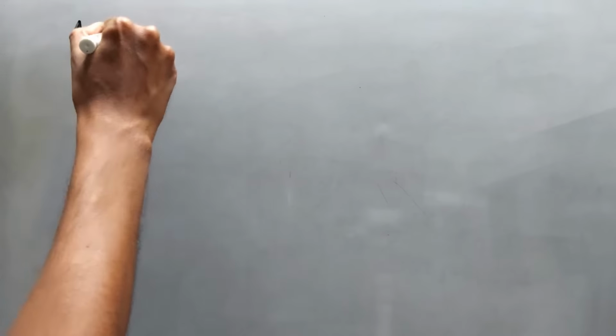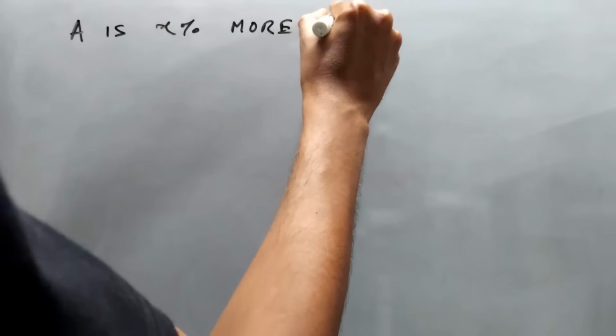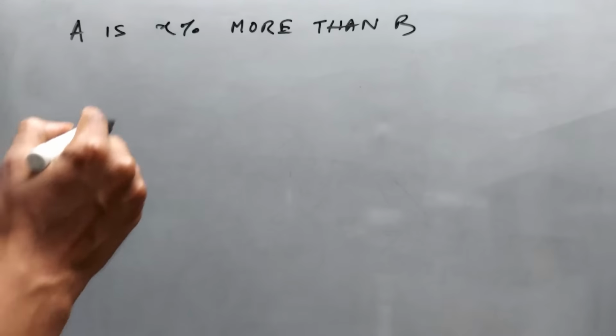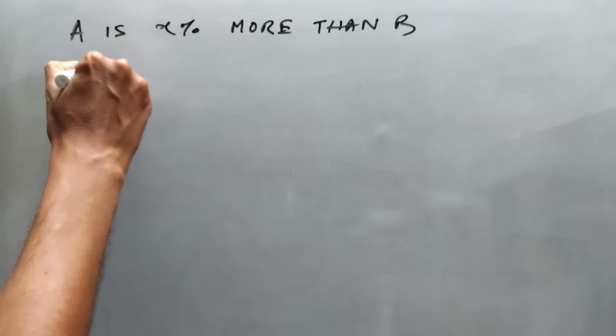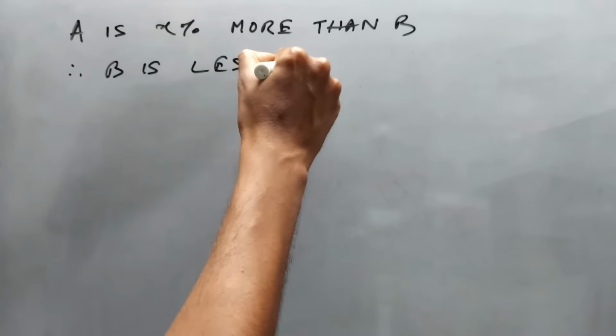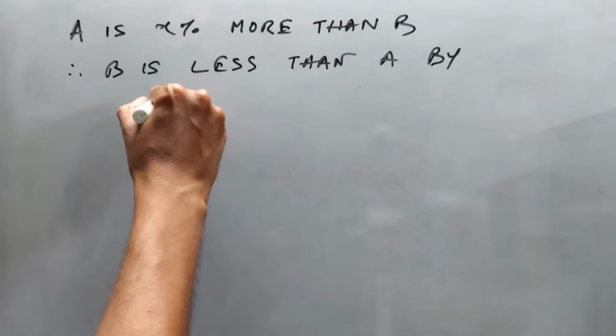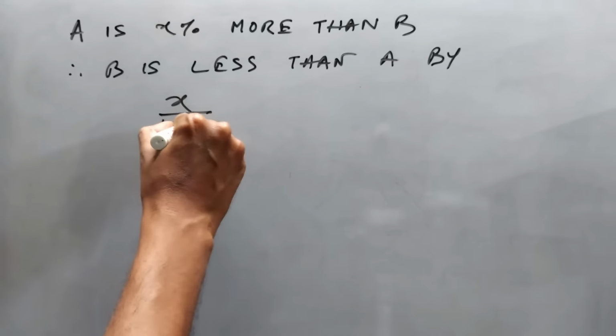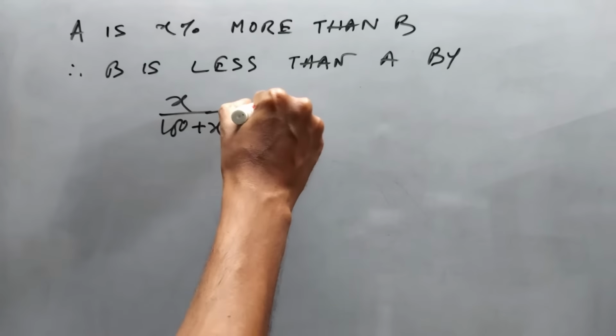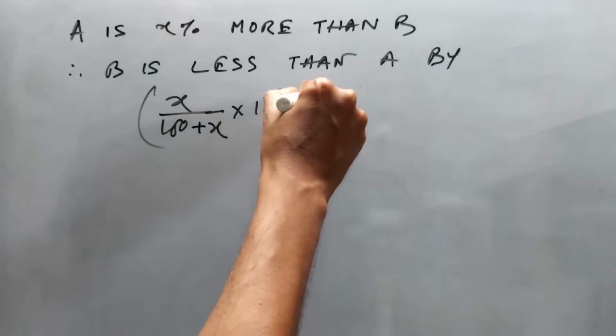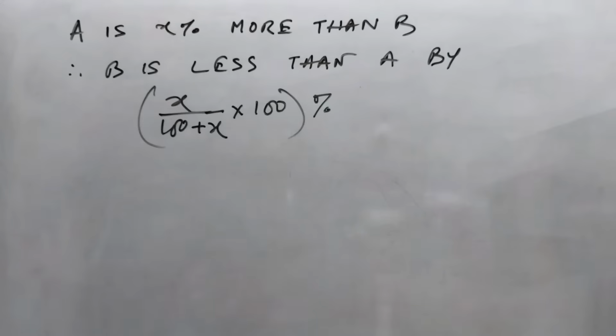A is x% more than b. Therefore b is less than a by x by 100 plus x into 100 percentage. How do we solve it normally?